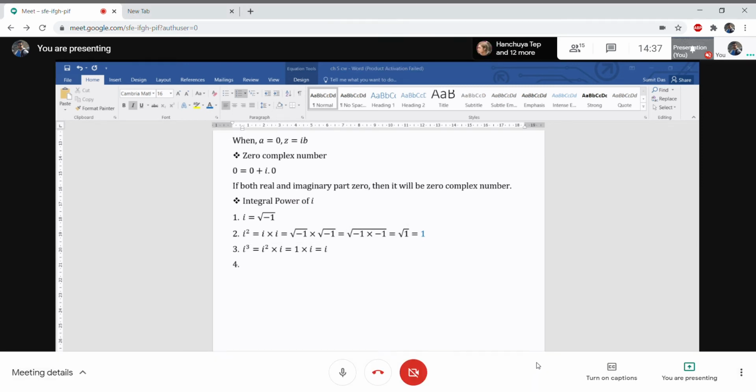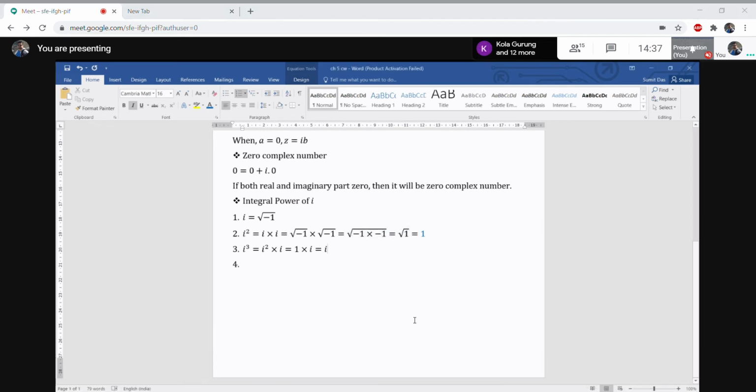Then i to the power 4 equals, we can write i square into i square, which is equal to 1 into 1. Look, we already found the value of i square here. So it is 1.